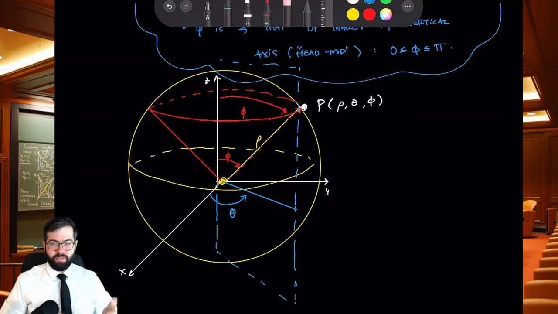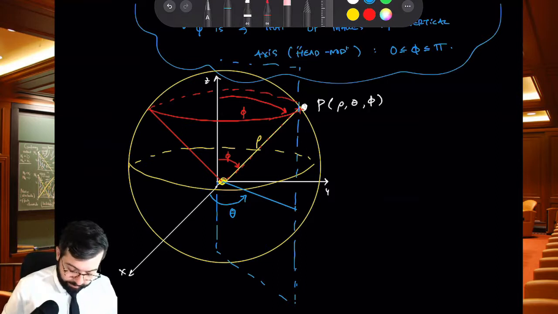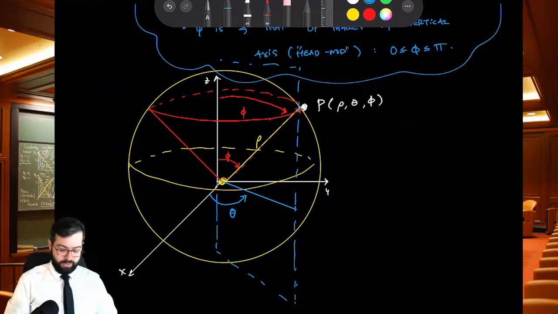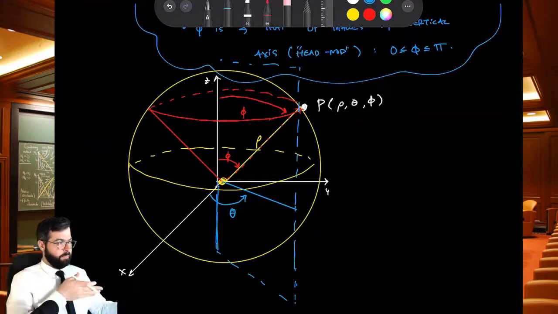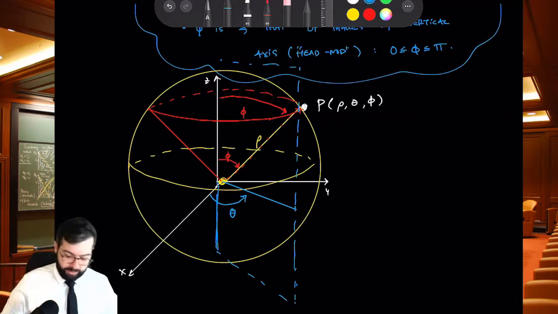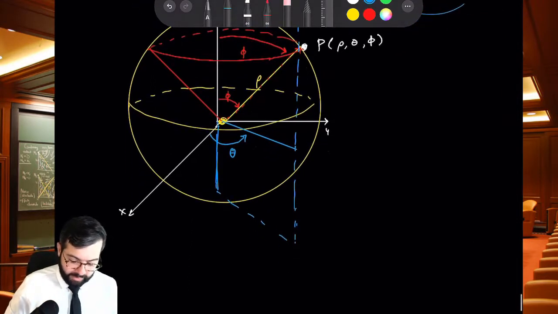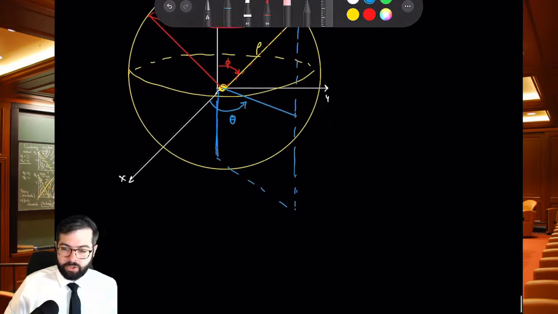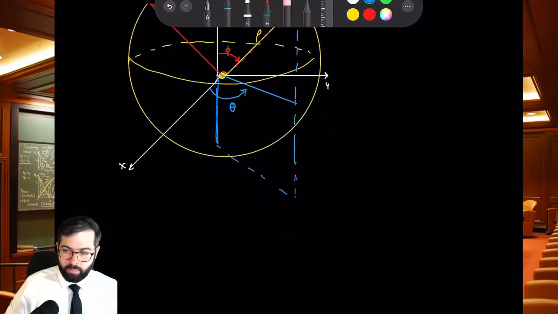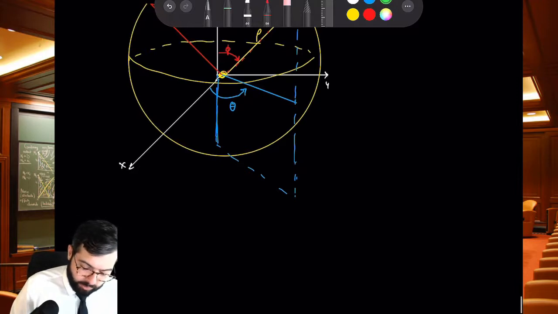So this gives us a half plane hinged at the z-axis, hinged in the chair. Theta gives you that half plane. So again, kind of a busy picture. I'm going to try to do a more simplified one down below. But let's get some equations going to convert between what we know and this new system.